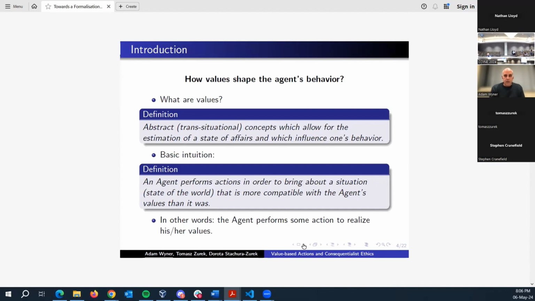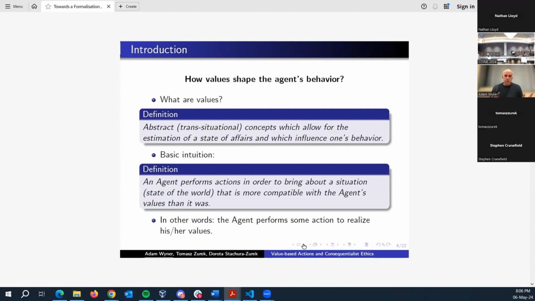How do values shape an agent's behavior from this point of view? What are values? The general notion is that they're abstract concepts which allow for the estimation of a state of affairs and which influence one's behavior. So you're making decisions about what states of affairs you should attain, and what actions you should execute to attain them, and those might be based on your values.